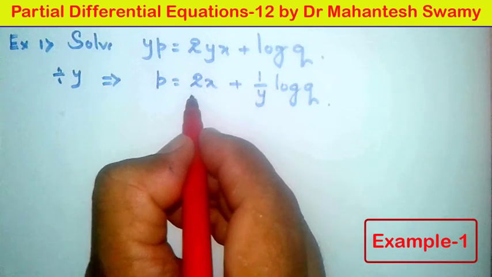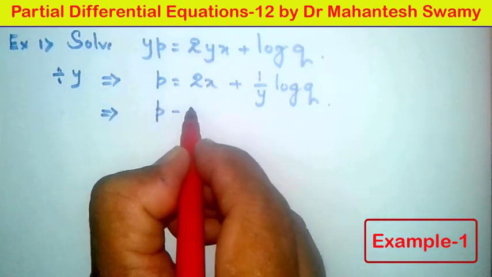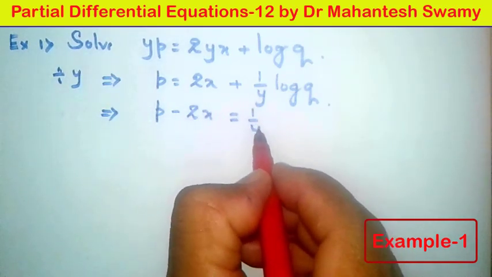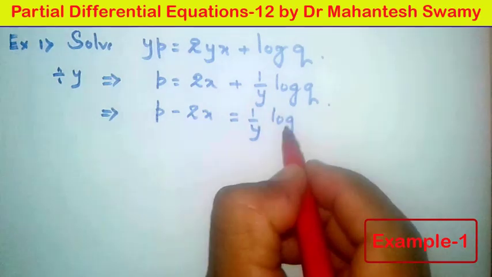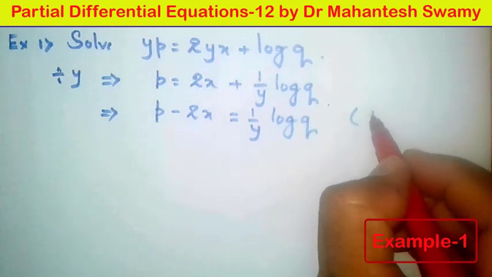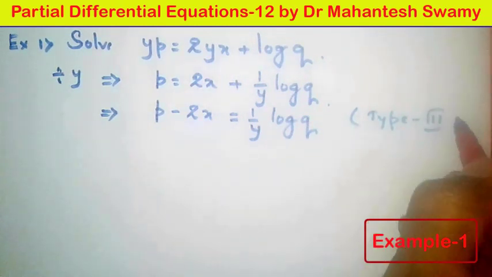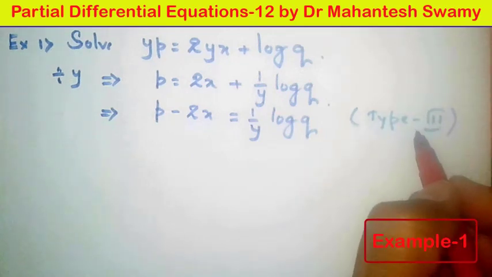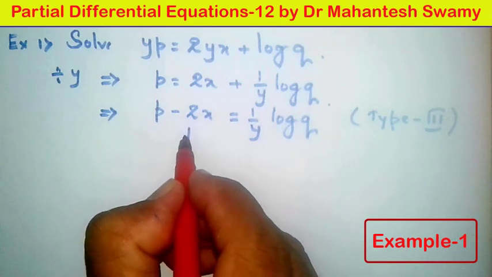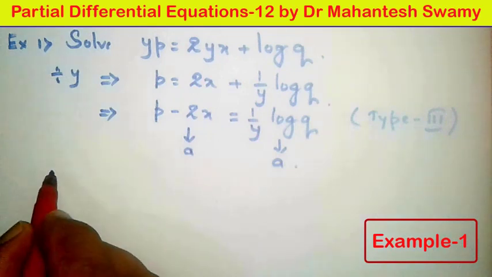We want this 2x on the left hand side, therefore it can be written as p minus 2x on the left hand side equals 1 by y into log of q on the right hand side. So it is the partial differential equation of type number 3. When we have a differential equation of type 3, we need to consider each side equal to an arbitrary constant a.